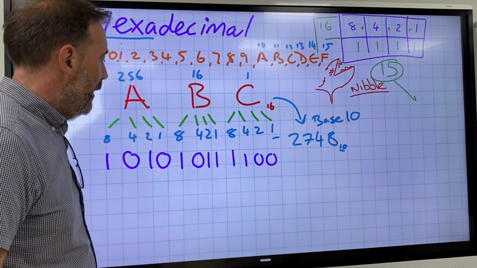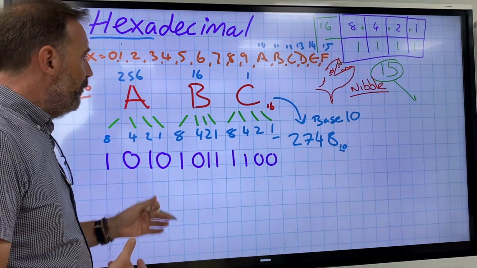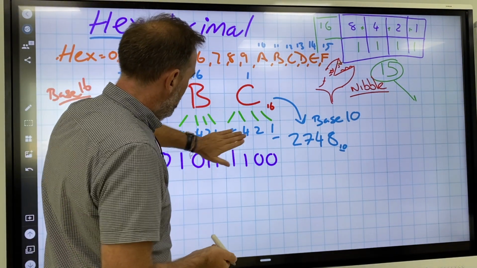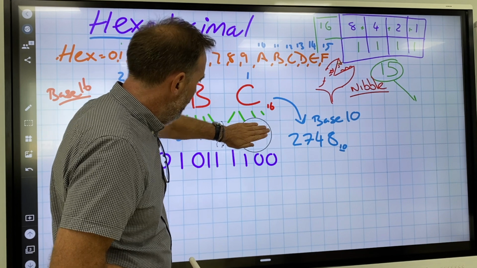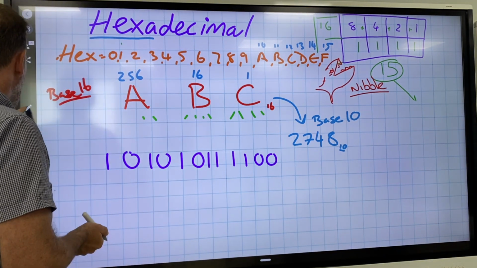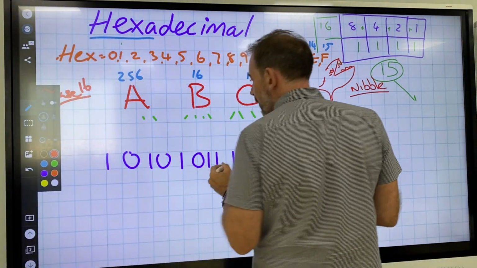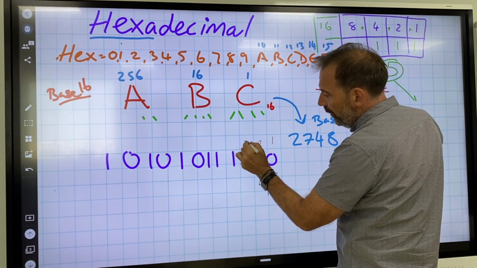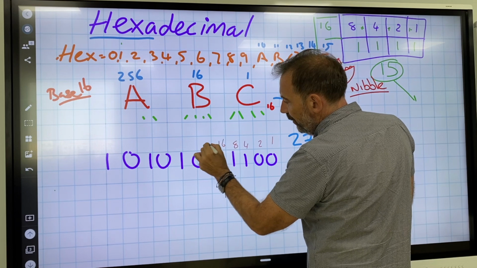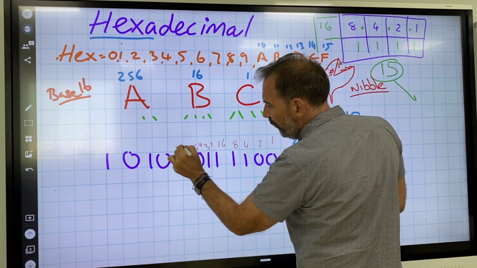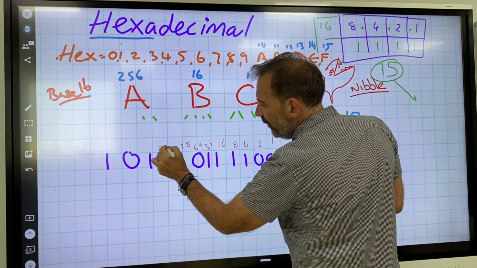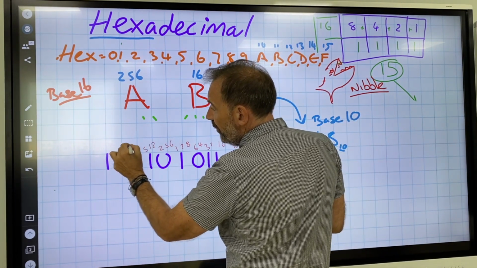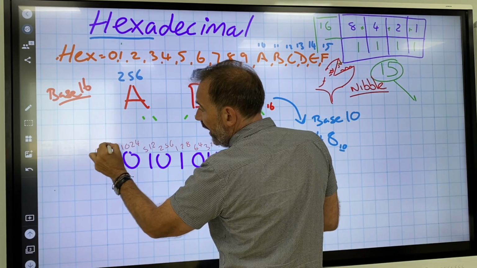Now, if I was a little confused about turning it into base 10 to start with, I could omit the nibbles for the time being and go back to the old way of doing binary: 1, 2, 4, 8, 16, 32, 64, 128, 256, 512, 1024, 2048.